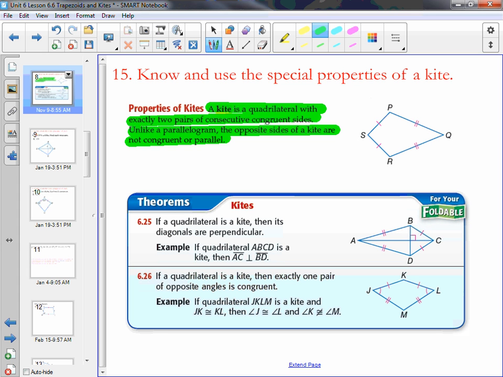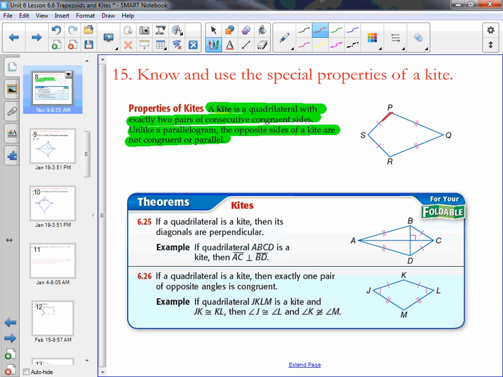Okay? There are no parallel sides. There are no congruent opposite sides. Let me rephrase that. No pair of opposite sides are parallel. No pair of opposite sides are congruent. Okay? So it's not a parallelogram at all. What it does have is two different pairs of consecutive sides are congruent. Okay?